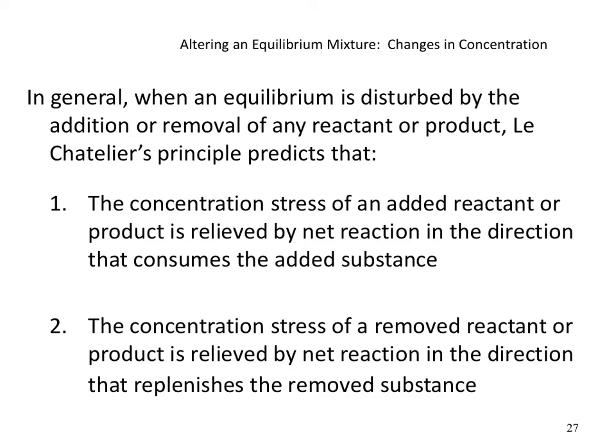In that case, just as an example, let's say you have N2O4 and it's in equilibrium with 2 moles of NO2. Now, by some means, suppose you add more and more of NO2. So it was in equilibrium.